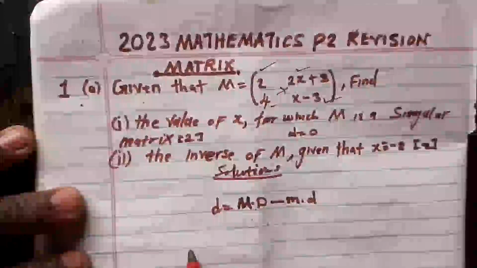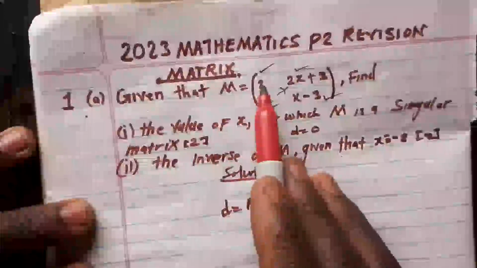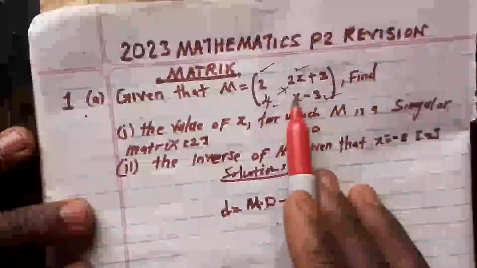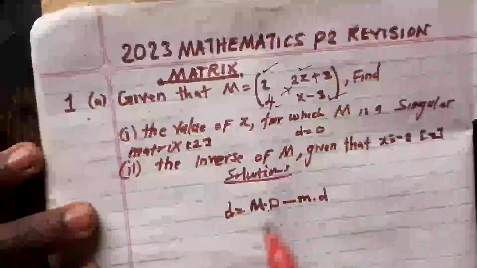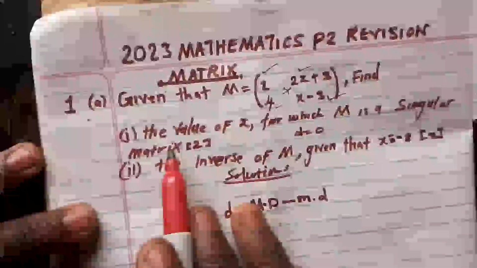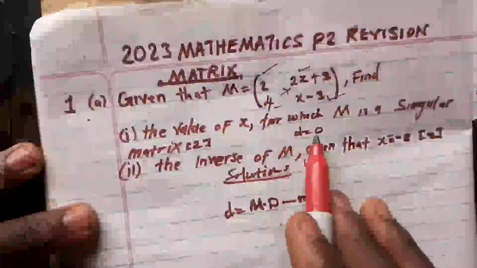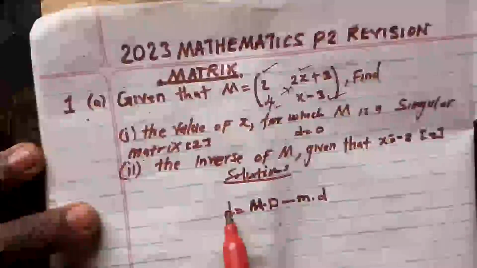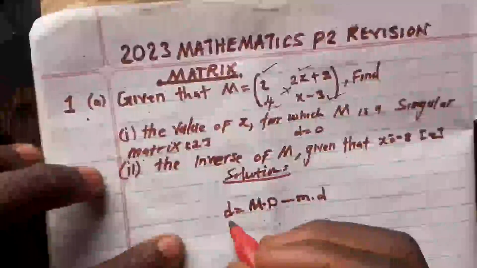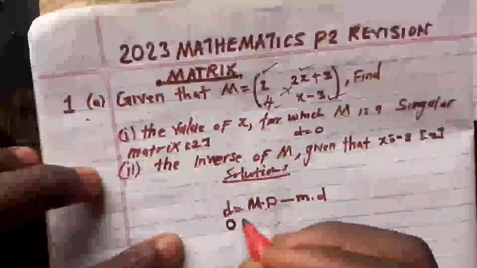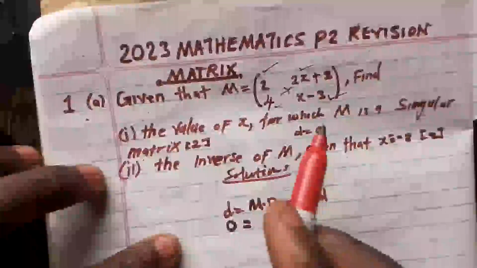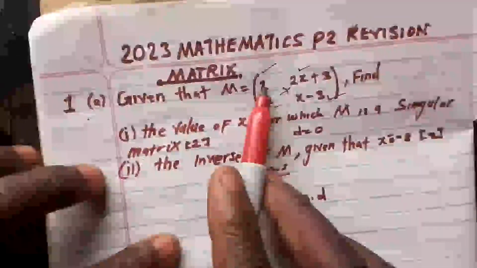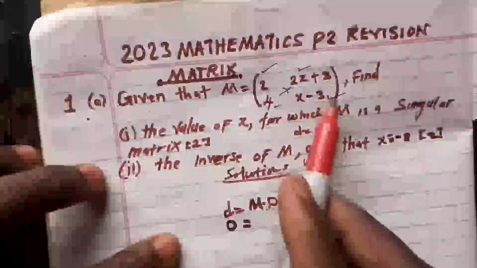If you cross multiply here, this 2 is going to multiply with x minus 3. Since the matrix is singular, it always has a determinant of 0. So I'm going to write 0 is equal to, the major diagonal, 2 and x minus 3.